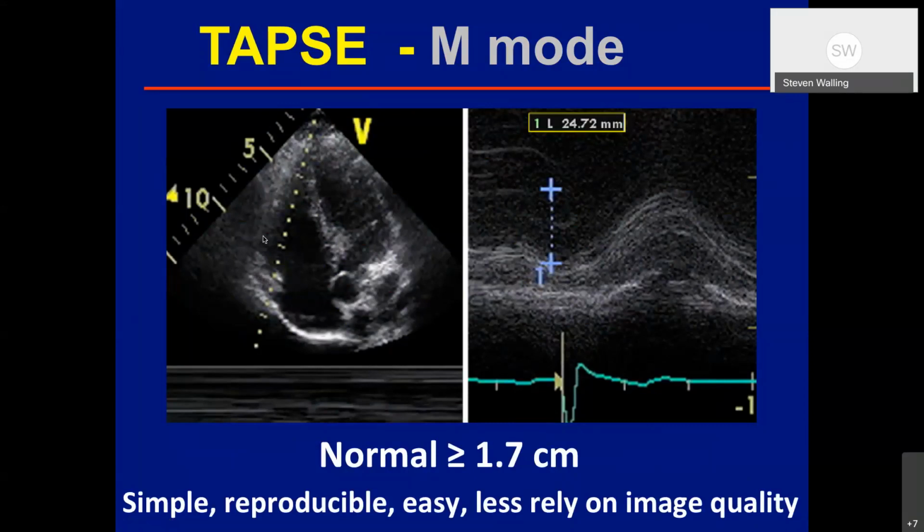You want the motion of the RV contraction to be parallel to the beam so you can acquire the maximum number. Sometimes you can see multiple lines here. Usually I go from the lowest line, or from the top line, up to the peak of this mountain, and you measure the distance here. The normal is 1.7.